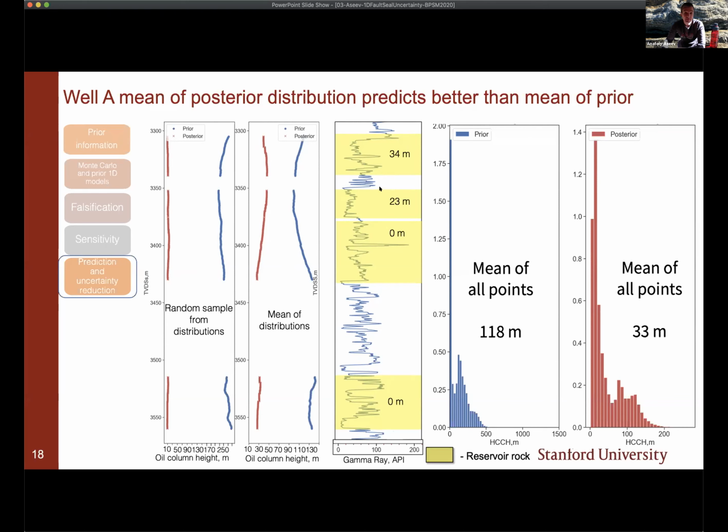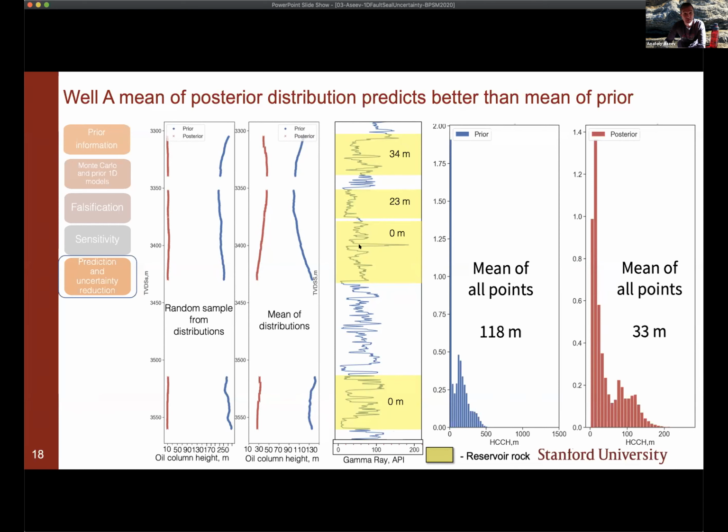And this image is the real column height observations from well A, and yellow are reservoir zones, reservoir rock. We can see that posterior prediction here is something like around 40 meters, and the observed column height is 34. And here we see a decline, and observed column height is 23 meters.